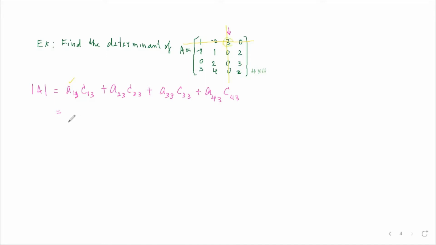So this means this one. Okay, so you write down 3 times C13. We get the element term, the coefficients. So this one, second row, third column is 0, right? This one is 0 times C23.